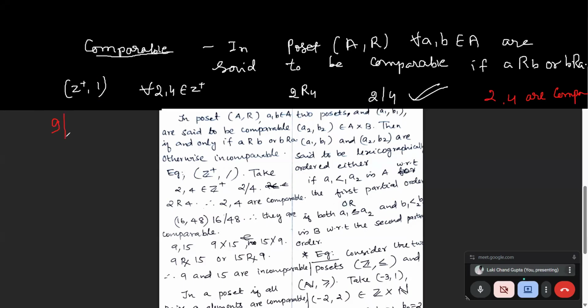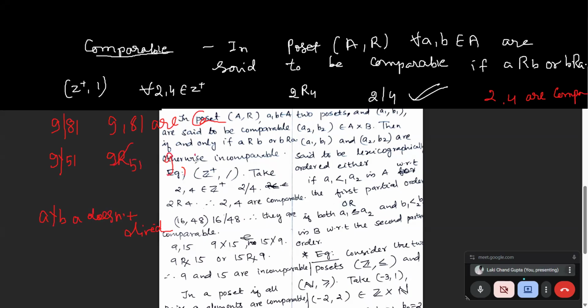9 divides 81. So 9 and 81 are comparable. But 9 cannot divide 51 or 15. So you can write like this: a does not divide b. This is the symbol of divide cut by a half line. It means a does not divide b. That means 9 is not related with 15.